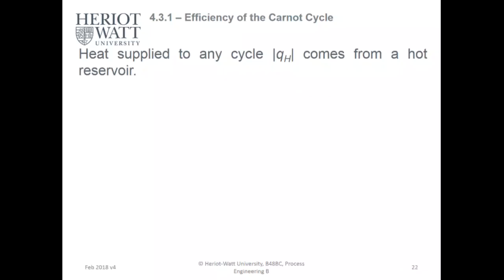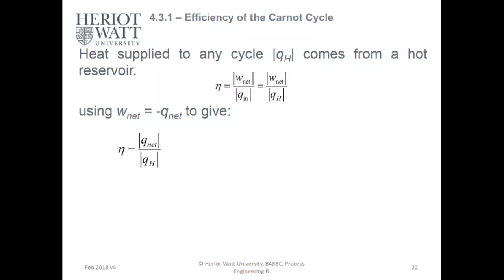The heat is supplied to any cycle and comes from the hot reservoir. So your total efficiency is your network over your QH, which is your network over the amount of energy from the hot reservoir. So using the net work, you can calculate the net heat, and based on that, you can calculate efficiency.